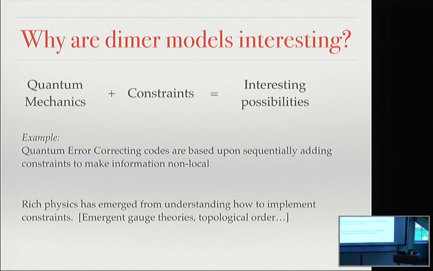Right? More generally, a lot of rich physics has emerged from trying to understand how to implement constraints in quantum problems. Whenever people talk about emergent gauge theories, that's typically about trying to implement constraints.